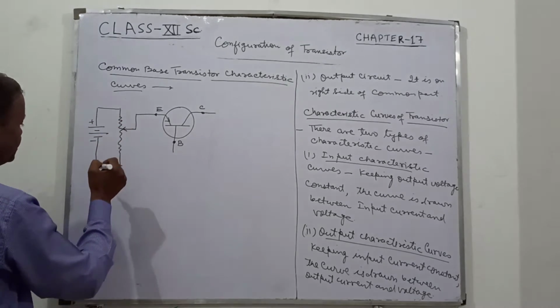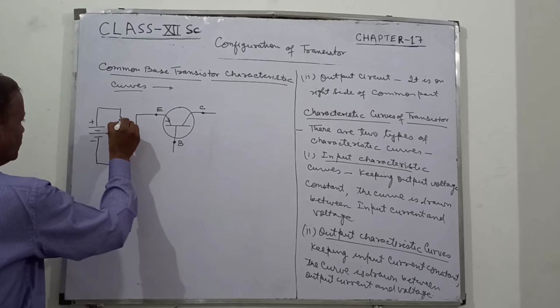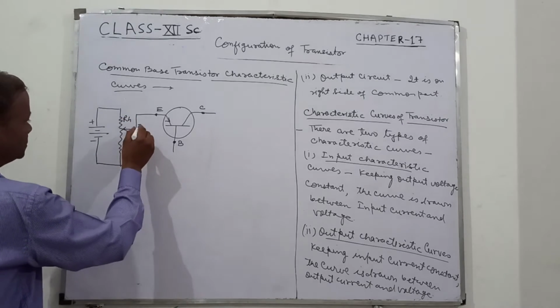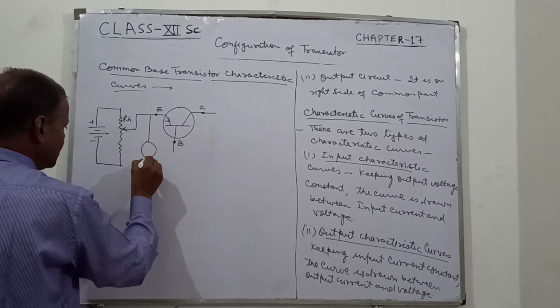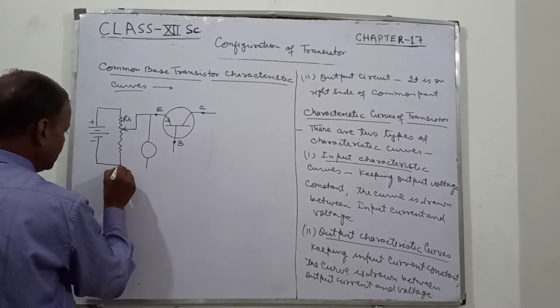This is now rheostat RH, and to measure the voltage, here a potential.